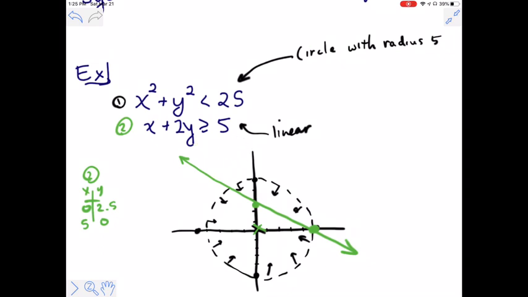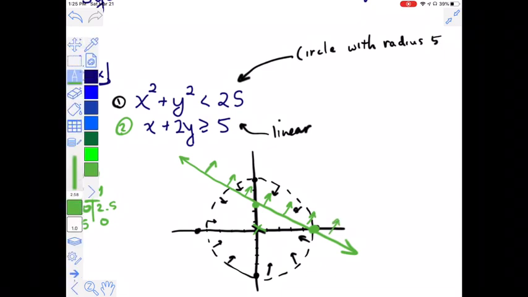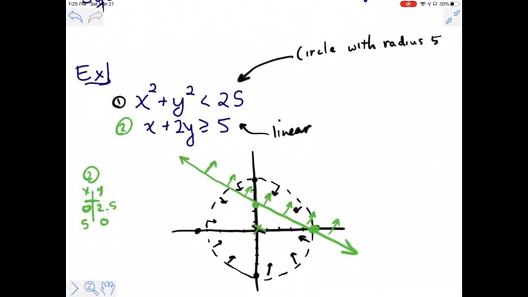I'm going to be shading away from the test point, which is in this direction. So the solution set, the area of the graph that contains both of those, would be this portion right here. That's my solution set. Above green line, inside the circle.